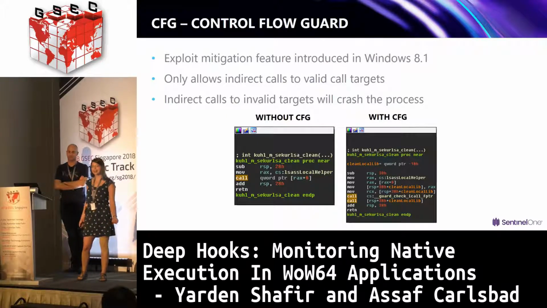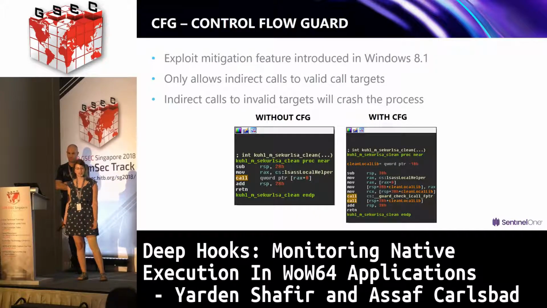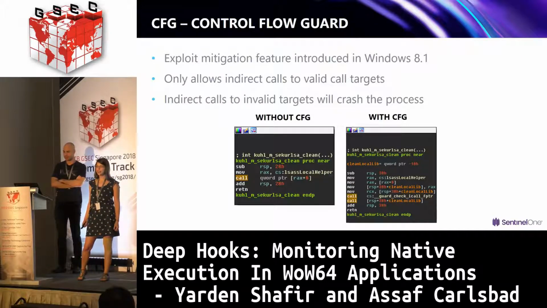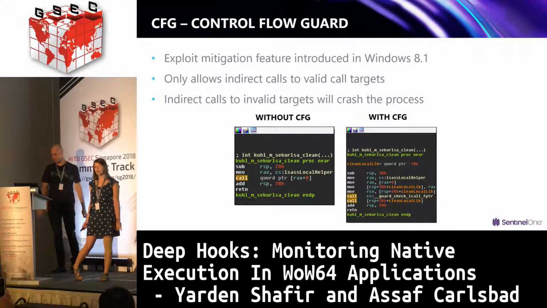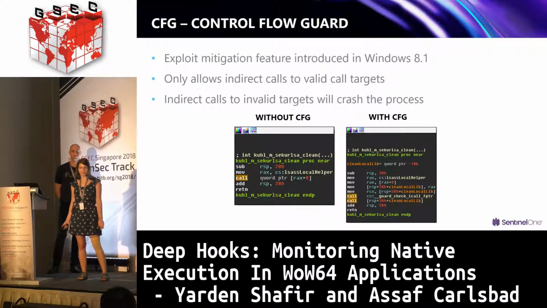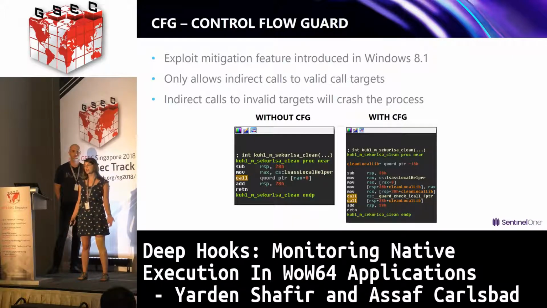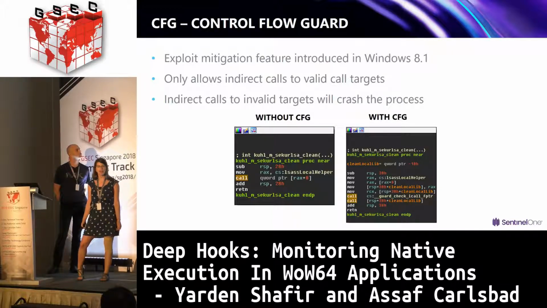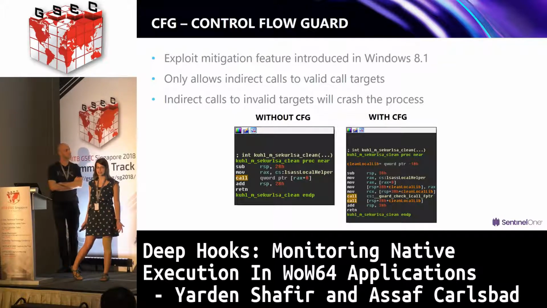It works by inserting an additional call to a validation routine before every indirect call done in the application, as you can see here. This validation routine receives a single argument, which is the address that is about to be called indirectly, and checks whether or not it makes a valid call target. If the address is a valid target, the function returns and the execution continues normally. If the address is not a valid call target, this validation routine will just crash the process.